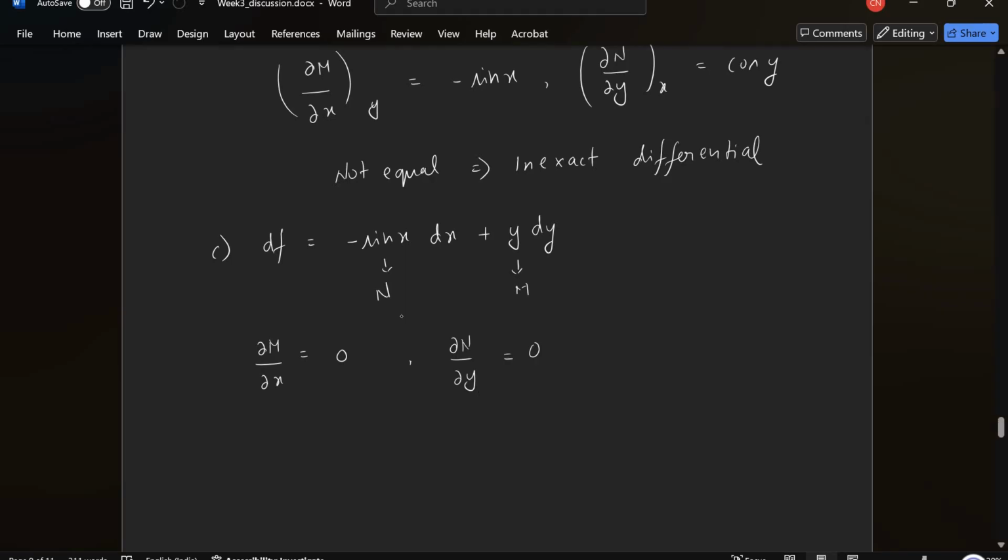Therefore they are equal, which implies they are exact differentials.